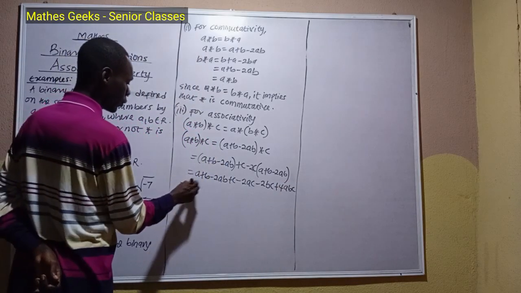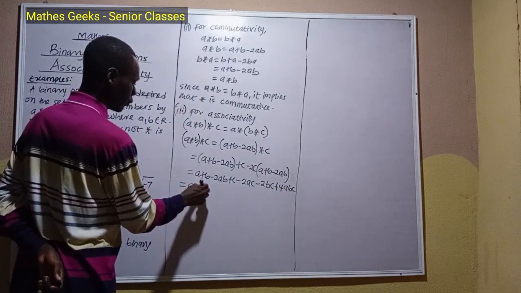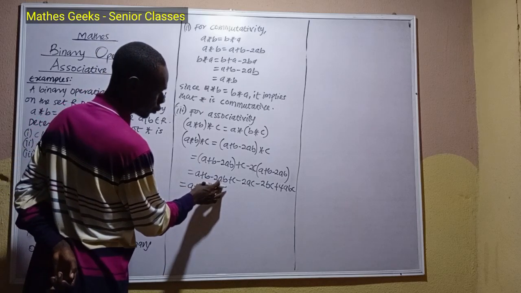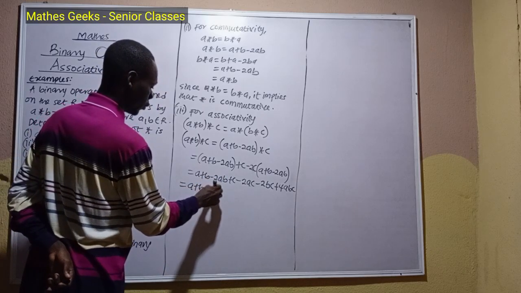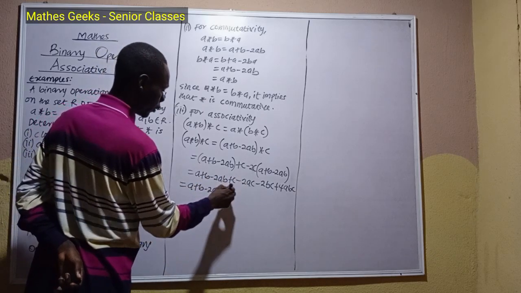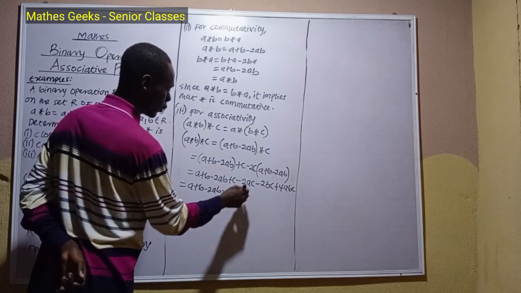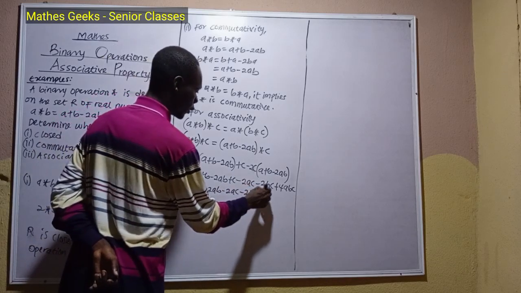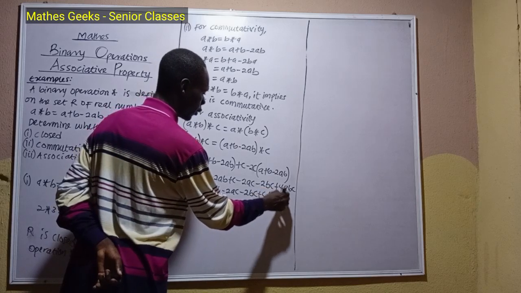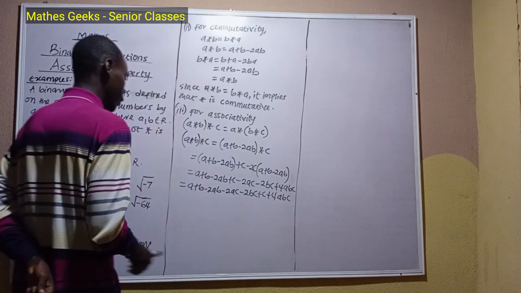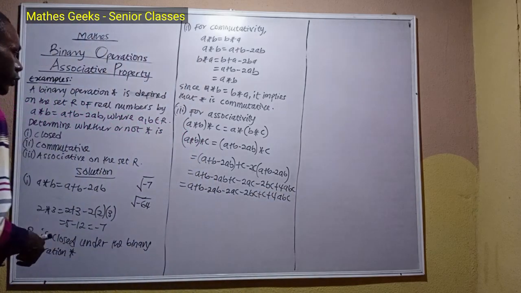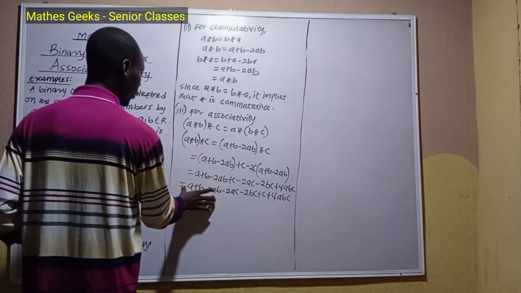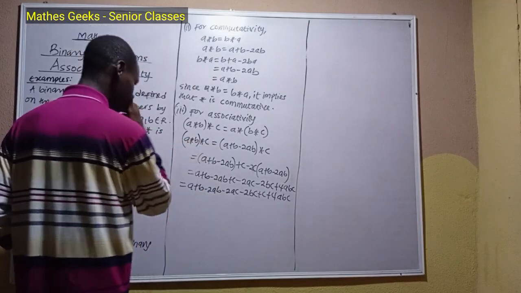So this will give us A plus B plus C minus 2AB minus 2AC minus 2BC plus 4ABC. So that's what we got from A star B star C.